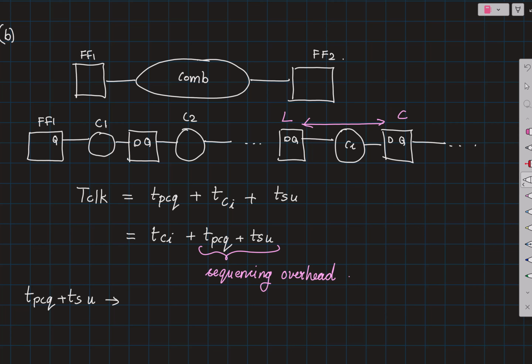For flop A, you will get it as 2 nanoseconds. And for flop B, you get it as 2.75 nanoseconds. So which one would you pick? So this is a better choice. Any questions on this?